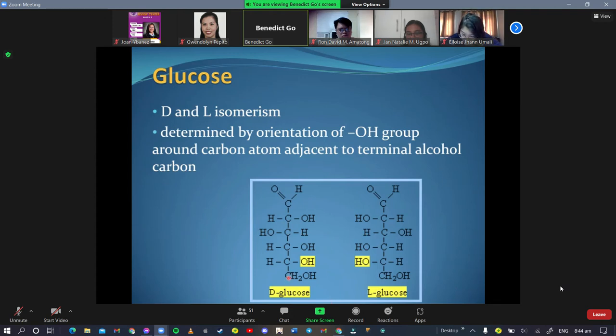This is the terminal carbon, which is farthest away from the anomeric carbon because it contains the carbonyl group. The one just adjacent to it will determine whether it is a D-glucose if the hydroxyl group is oriented to the right, and an L-glucose if the hydroxyl group is oriented to the left.